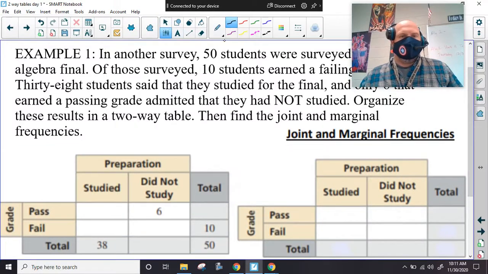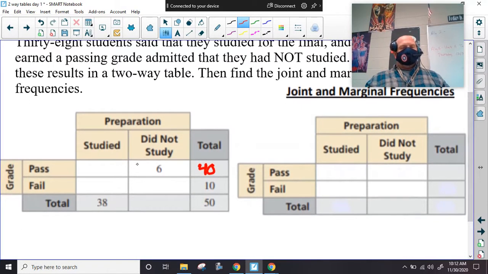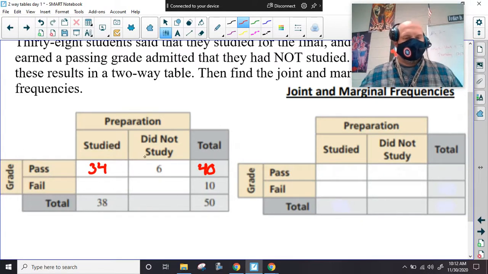So I was trying to remember how to work this. So let's start right here. If this is supposed to add up to 50, and we subtract 10 from it, so this had to be 40 right here. Okay. So if we know 6 didn't and 40 of them passed, well, 40 minus 6, this is going to be 34. All right, now things are starting to click along a little bit.